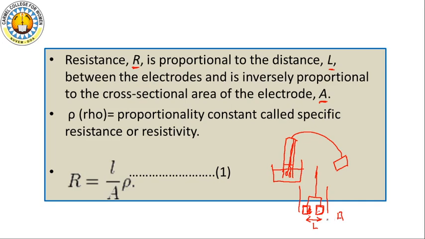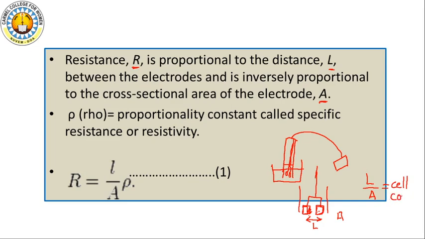L upon A, you will learn that in the next two slides. L upon A is called a cell constant. It is a constant for this particular cell.